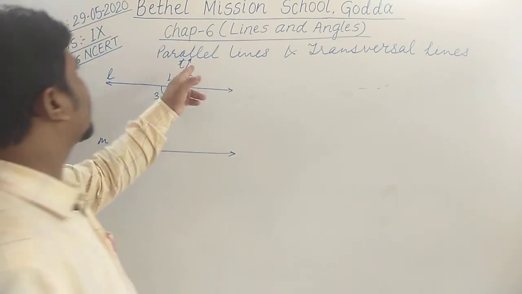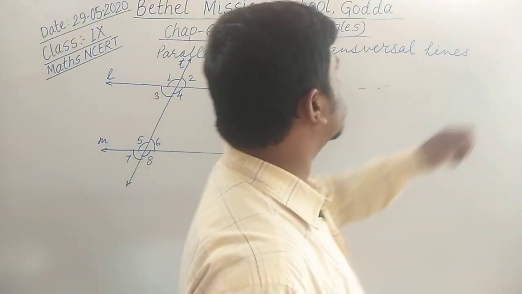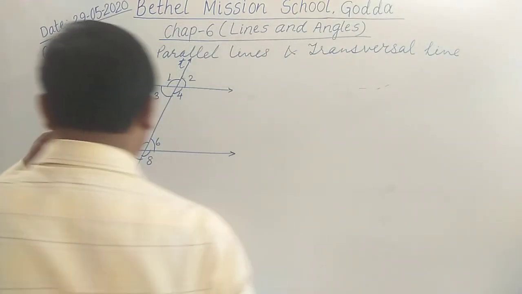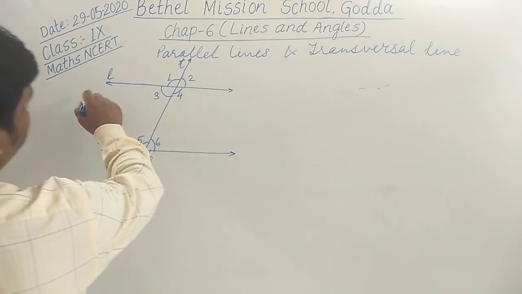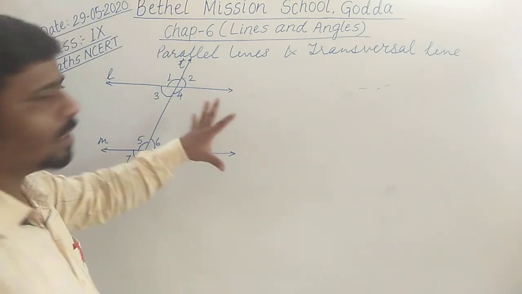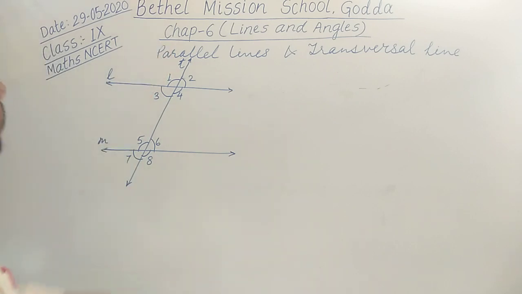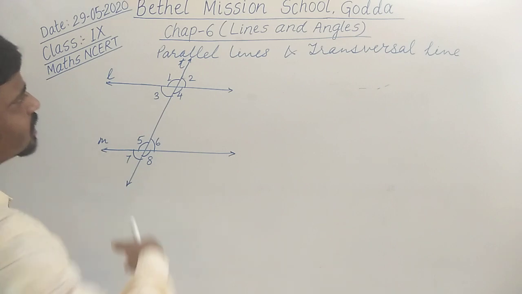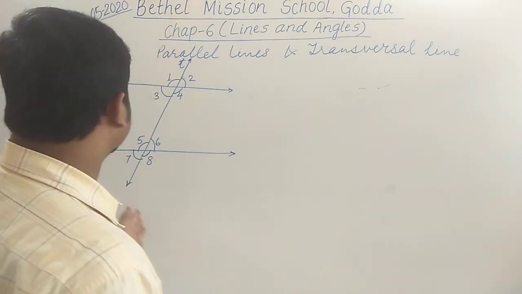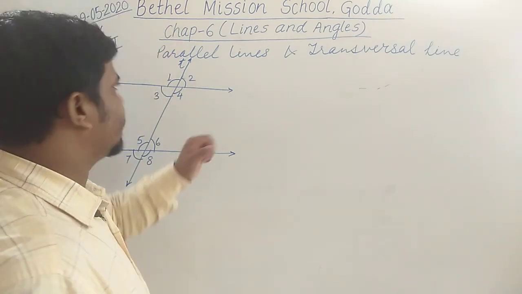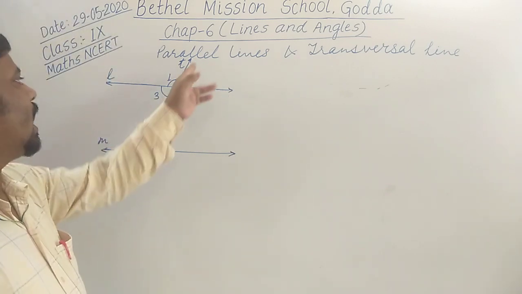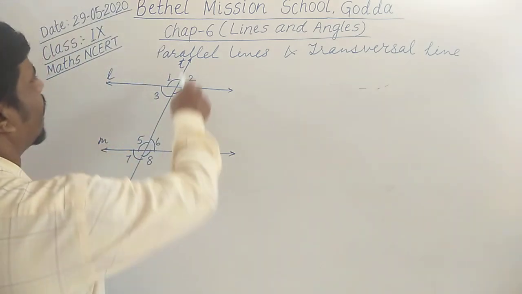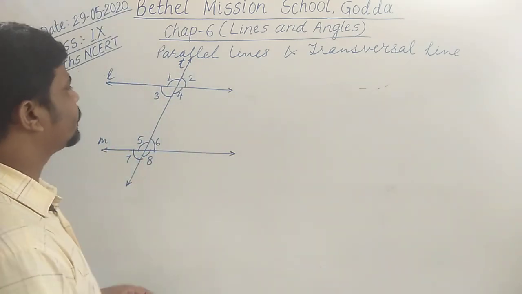Okay, let's see parallel lines and transversal line. What are parallel lines and what is a transversal line? We just defined parallel lines, but what is a transversal line? When a line intersects two or more lines at distinct points, the line is called a transversal line.